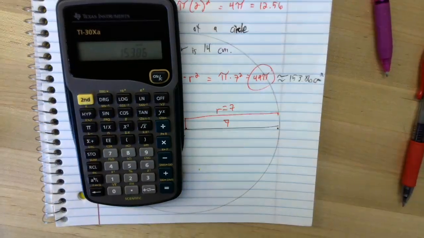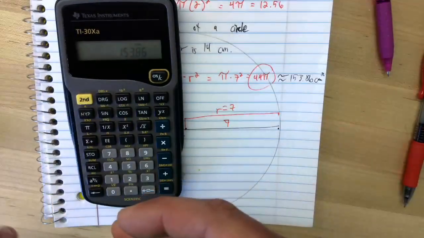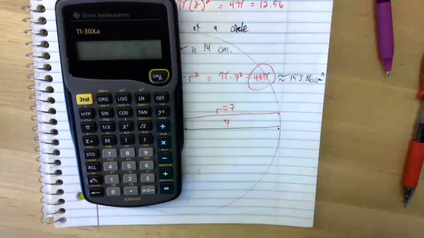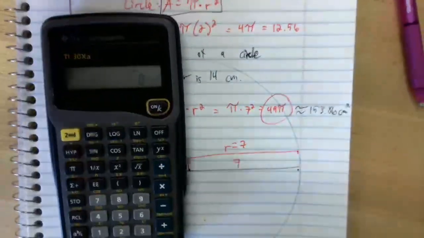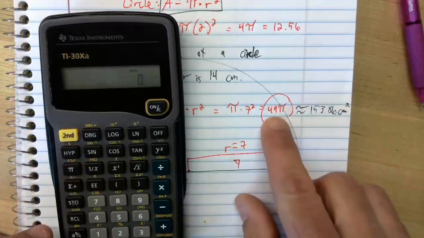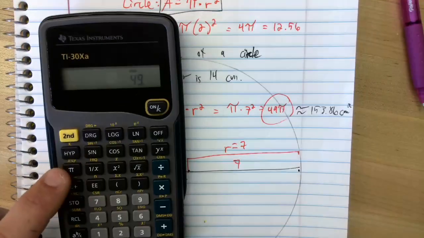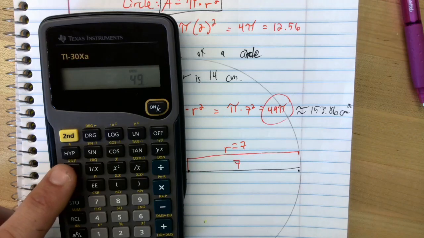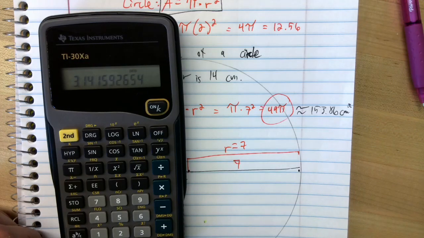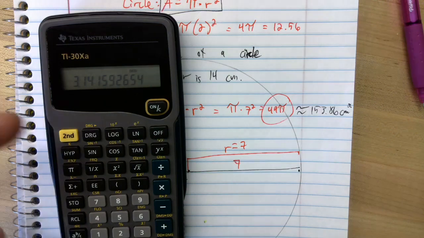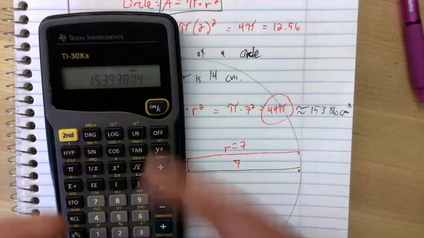Can I show you that this is rounded and not exact? That was a rhetorical question. So instead of writing 49 times 3.14, let's say 49 times, do you see the pi button here? It's a lot more than 3.14. You see it's actually much longer than that. And we get that.